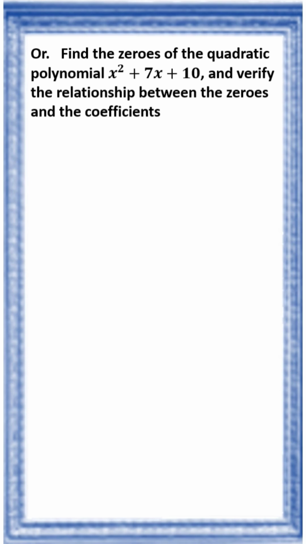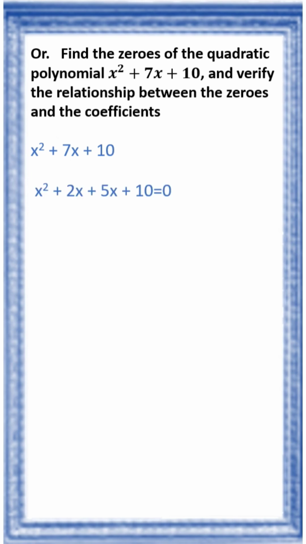Or find the zeros of the quadratic polynomial x square plus 7x plus 10 and verify the relationship between the zeros and the coefficients. The given polynomial is x square plus 7x plus 10.